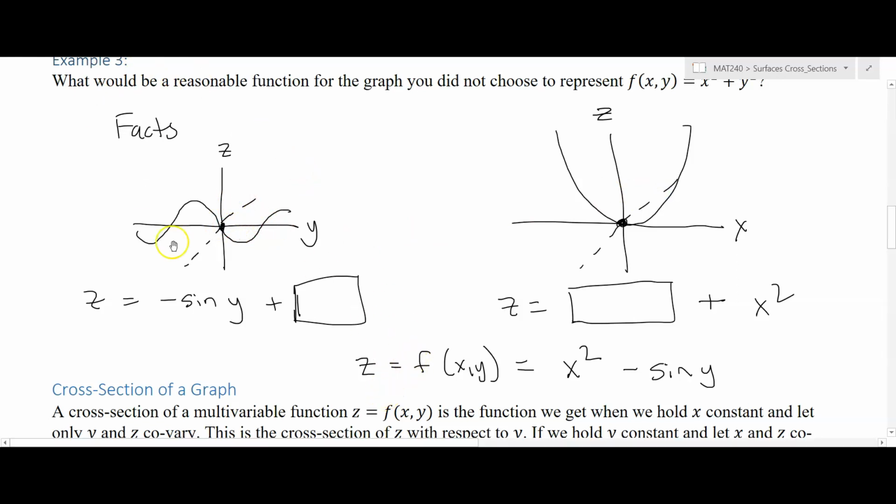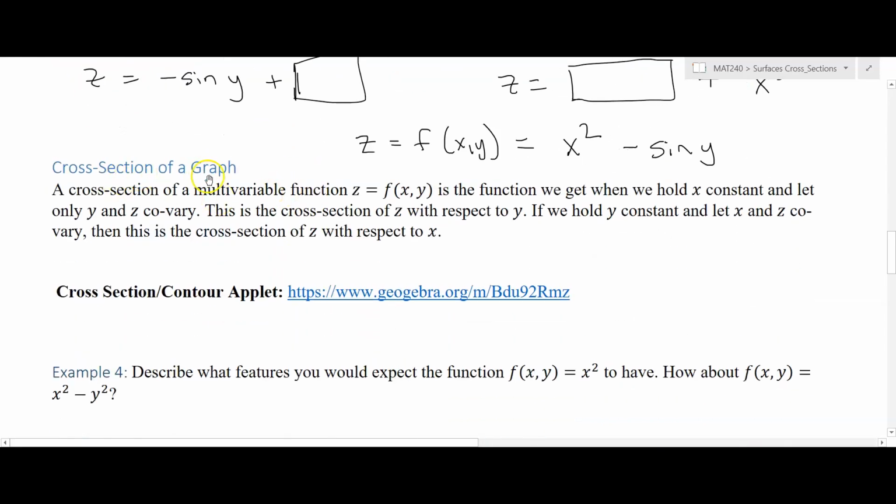Okay, so what we've defined here is called a cross-section of a graph. A cross-section of a multivariable function, z equals f of x, y, is the function we get when we hold x constant and let only y and z covary. This is the cross-section of z with respect to y.